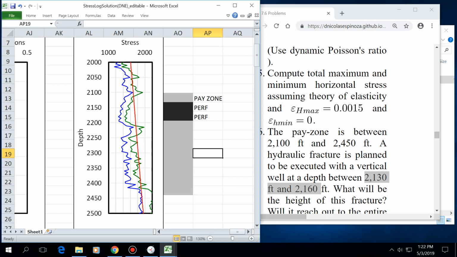If you really want that fracture to go to the entire pay zone, probably the best idea here would be to do more perforations somewhere around here, because otherwise you need a net pressure which is going to be too high, and probably if you increase too much the net pressure here, the fracture is also going to go up instead of down.